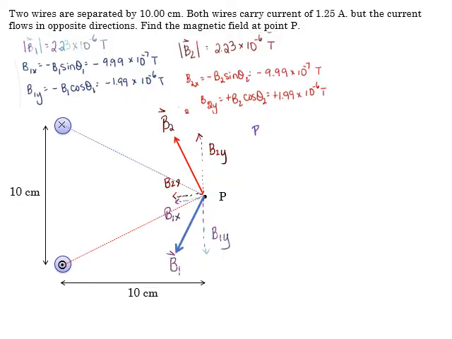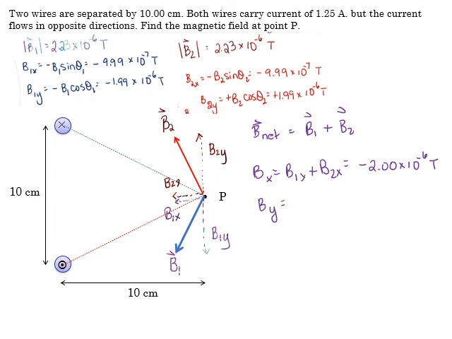Our net magnetic field now is the vector sum of B1 and B2. So we can add up the x components to get our total x. When you add up those two x components, you get minus 2.00 times 10 to the minus 6 teslas. When you add up the y components, you can probably see that they sum up to be 0.